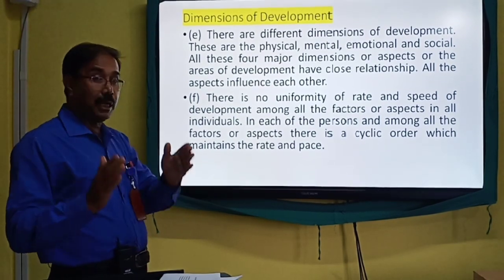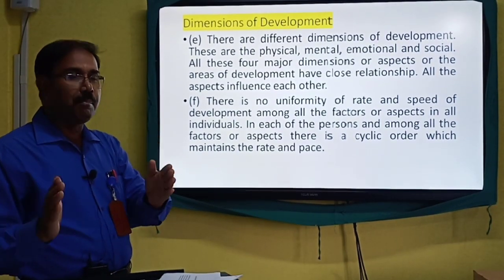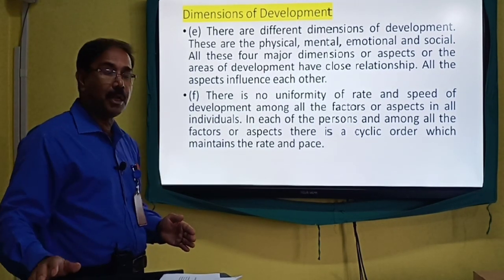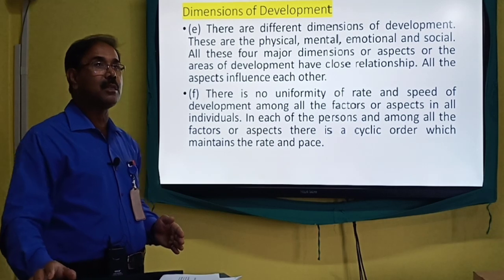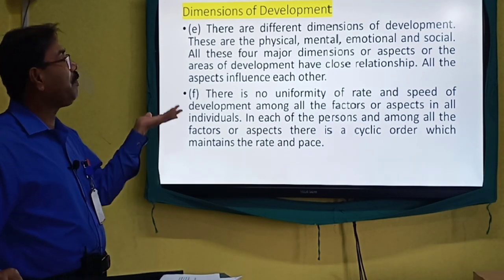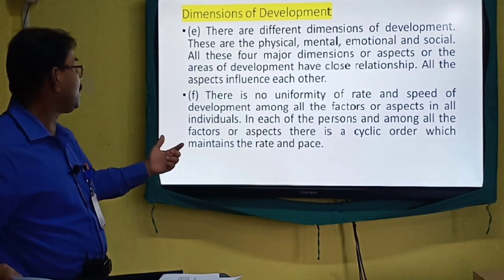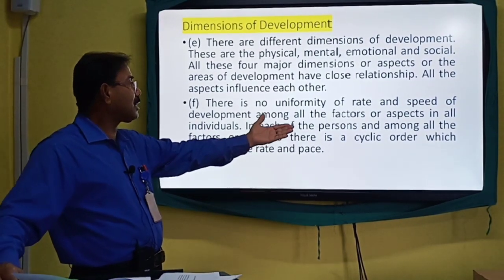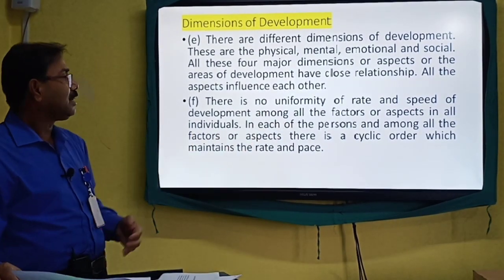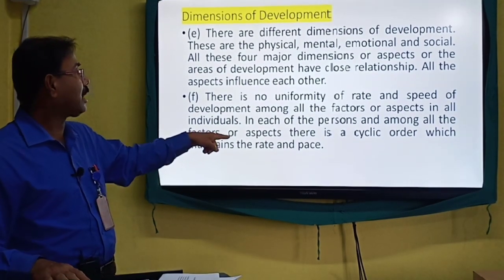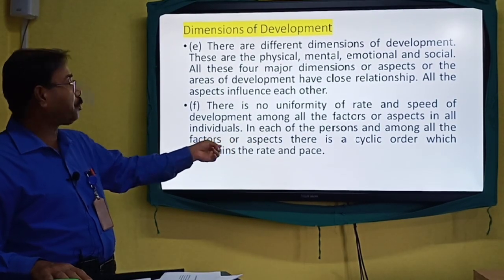You can become what you can if you become mindful of the original capabilities you possess and sincere in considering the influence of the environment over your growth and development. There is no uniformity at all. In each person and among all the aspects, there is a cyclic order which maintains the rate and pace, speed and rate.